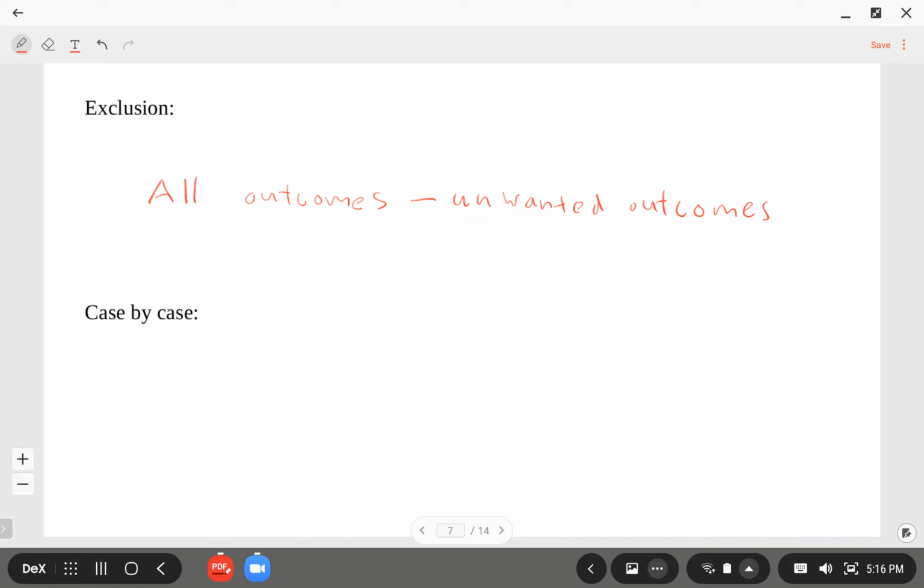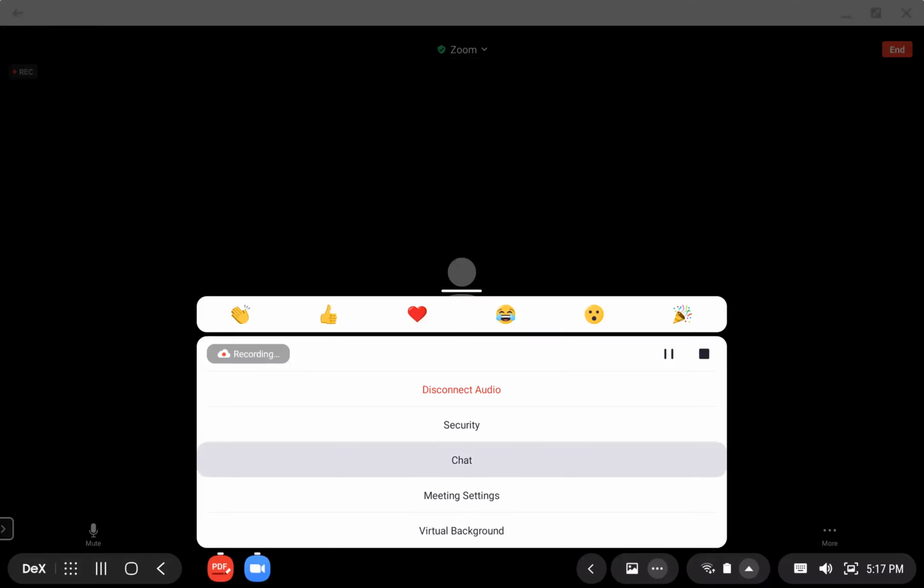Case by case is literally just figuring out all the desired outcomes, but that is only possible when you don't have a lot of outcomes. If you have 100 cases, you can't possibly go through them all to find out which ones are correct. So in that case, you would use exclusion. Is that clear? Are there any questions? No questions.